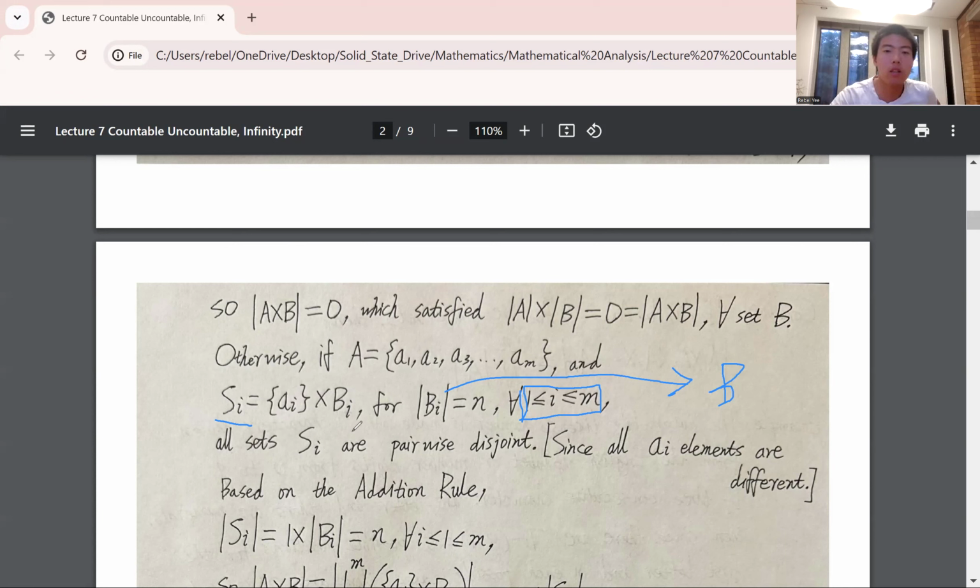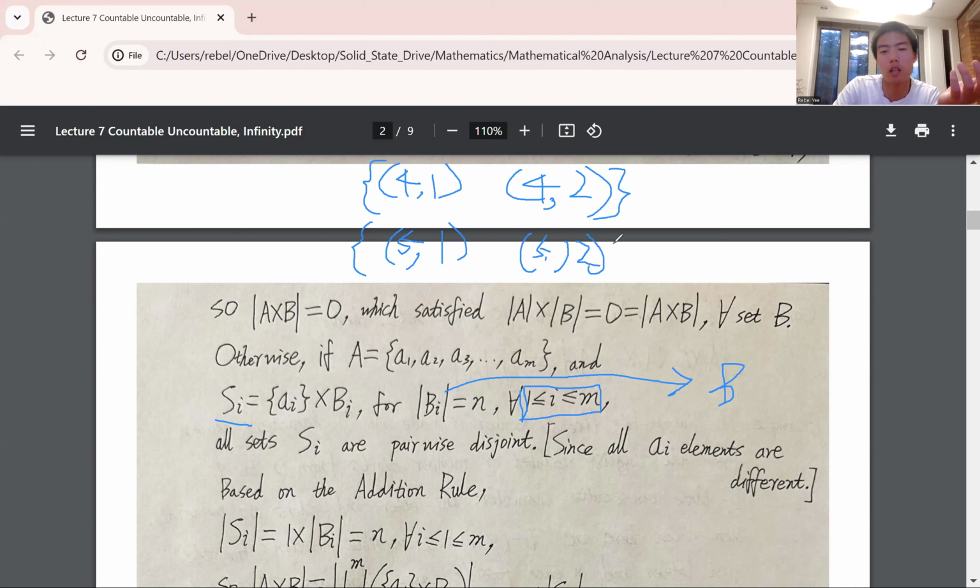So imagine like here, you have |Bi| equal to n = 2, then Ai is for example 4, then (4, 1), (4, 2). This is Si. And for Sj, Ai can be no longer 4, it can only be some other value, for example 5: (5, 1), (5, 2).